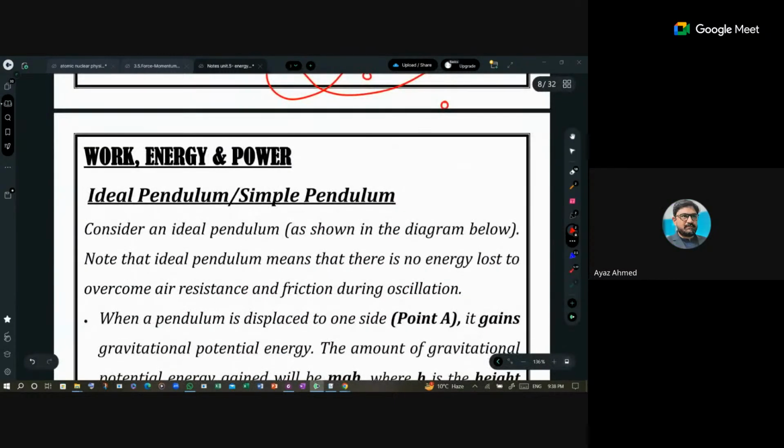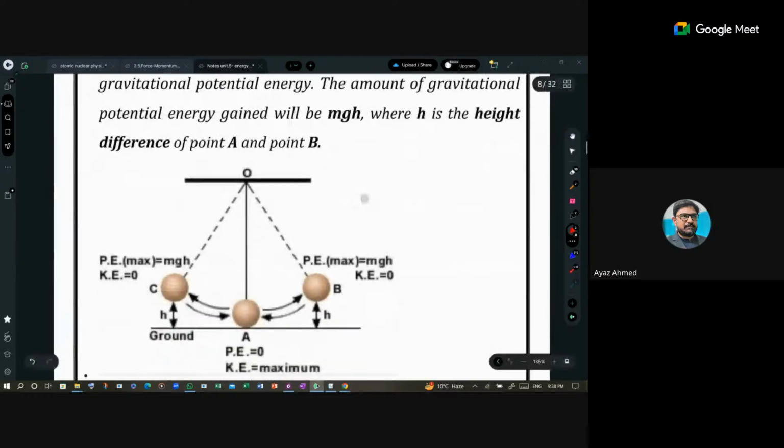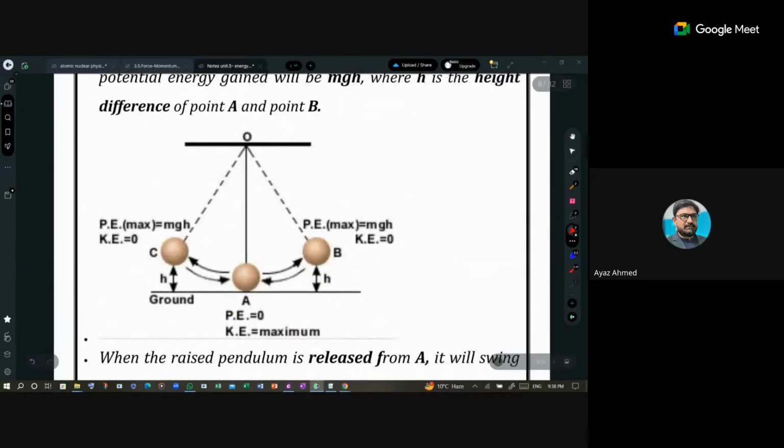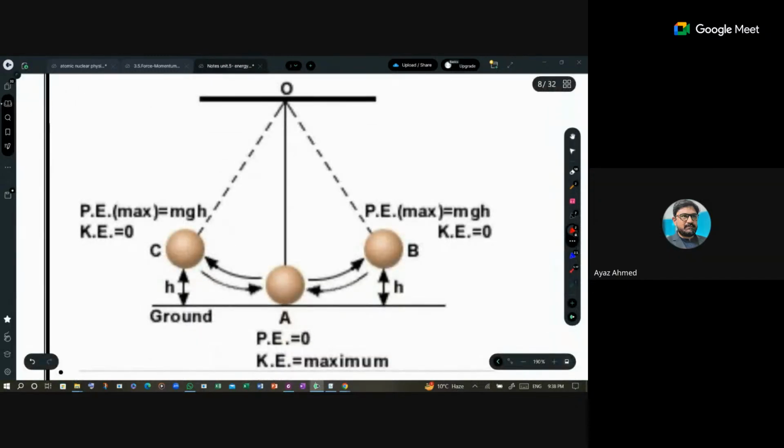So this was basically the actual concept of gravitational potential energy and kinetic energy. Let's have an example of a simple pendulum. In this simple pendulum, at position A, the pendulum is in equilibrium position, right? Equilibrium position means it does not have any height at this point, so it does not have potential energy.